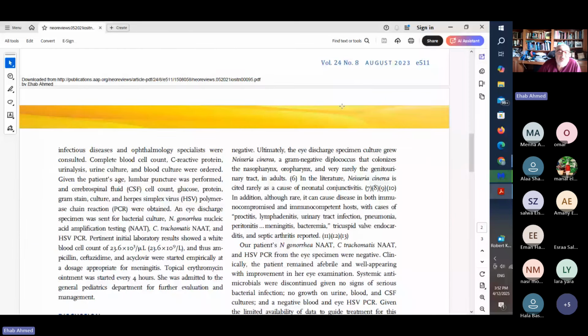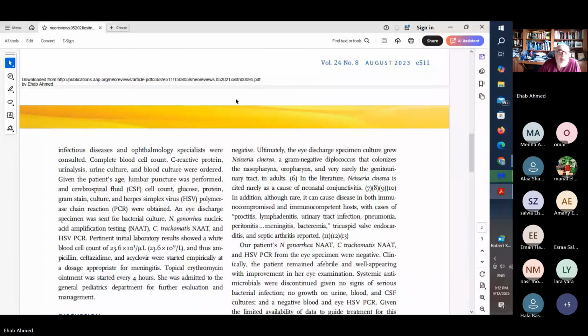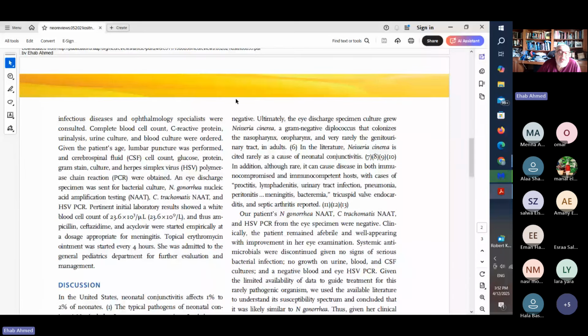You see what they did for this? You will be astonished. Given the copious drainage, left edema, and age of presentation, initial concern for ophthalmia neonatorum prompted a sepsis evaluation. They did a complete sepsis evaluation, including CBC and differential, C-reactive protein, urinalysis, urine culture, blood culture, and they did a lumbar puncture, and CSF exam for everything, including HSV.